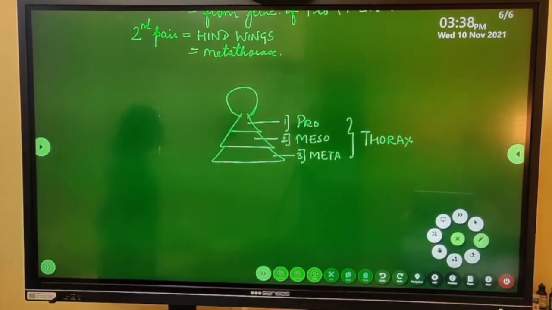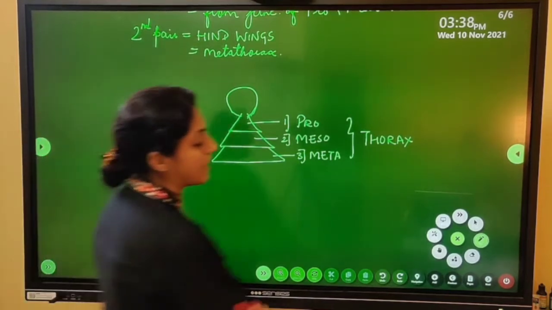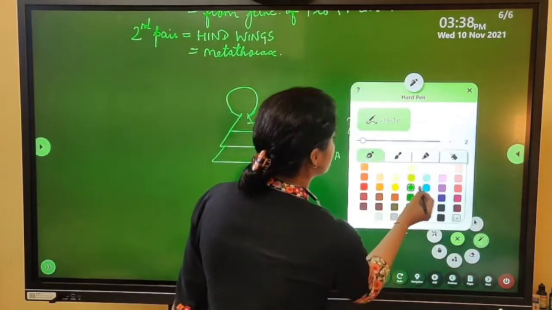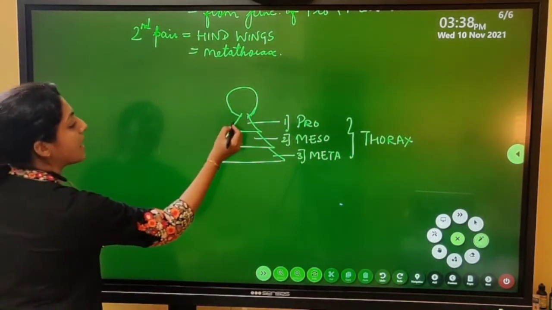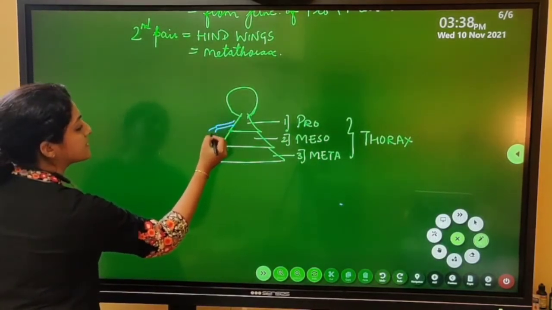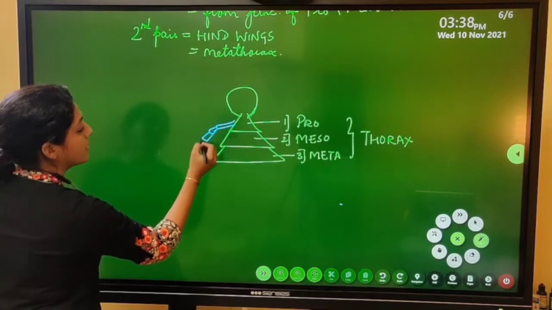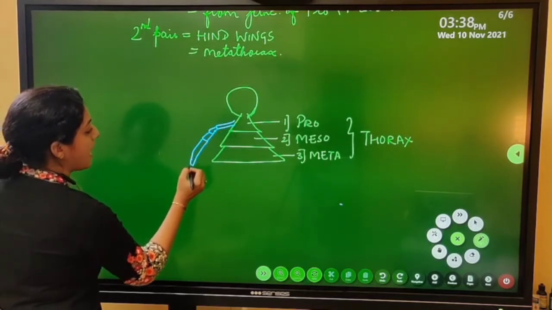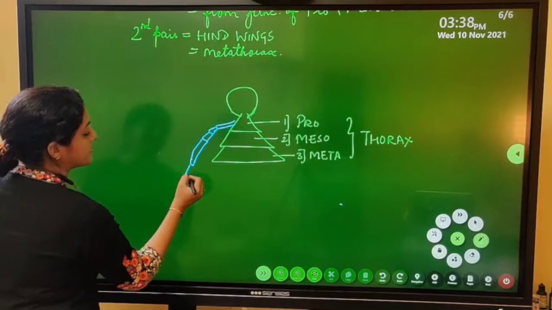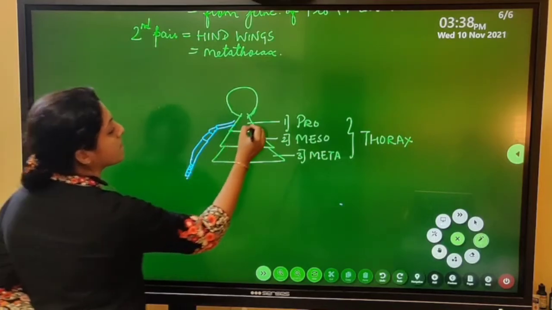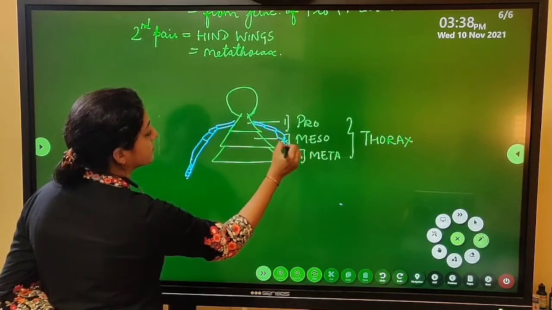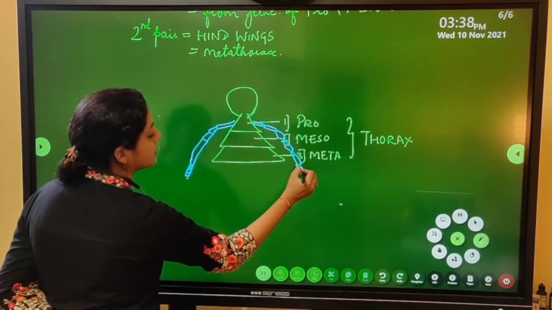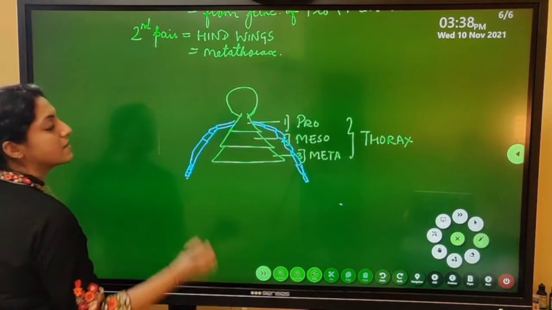All these three segments form the thorax. Now, if we want to do the legs, each segment will have a pair of legs. Again, we will discuss what the legs are made up of.